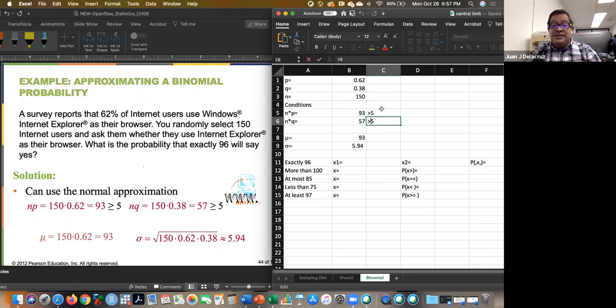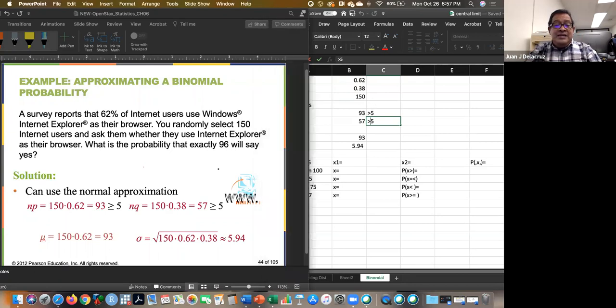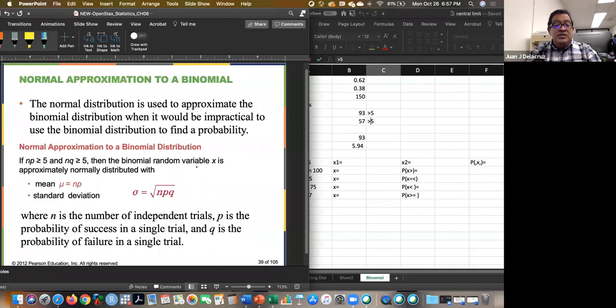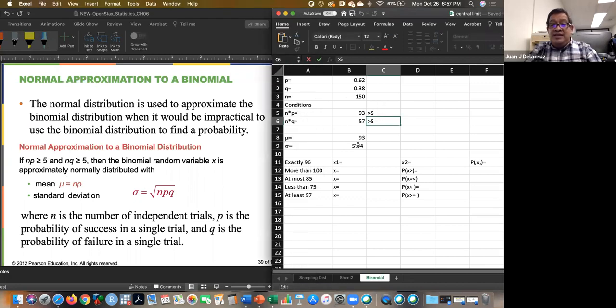The answer is yes. Then the second step, as you might remember: once we confirm that we can proceed to the normal approximation, we compute the mean and we compute the standard deviation. That's what I did here.